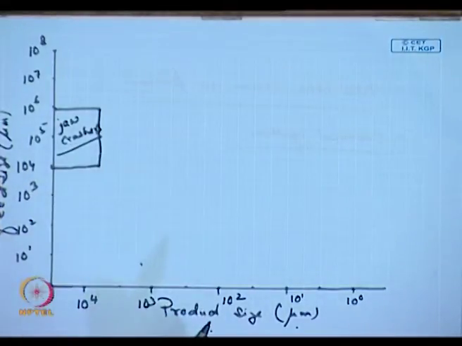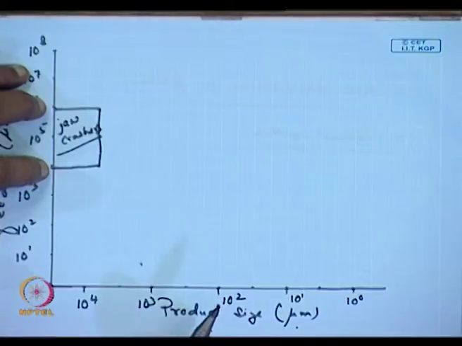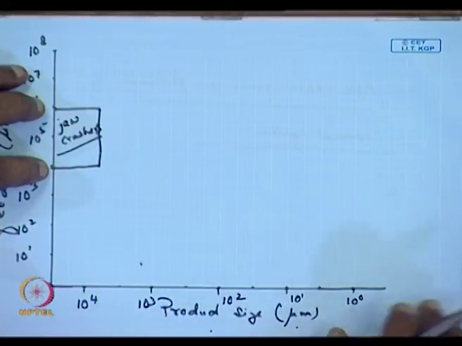So, you have got the feed particles, the stones which are received from the quarries in this size range, down to 10 to the power of minus 2 meters. The jaw crushers are used extensively. In addition to jaw crushers, we have other types of crushers also which are used in ceramic industry.